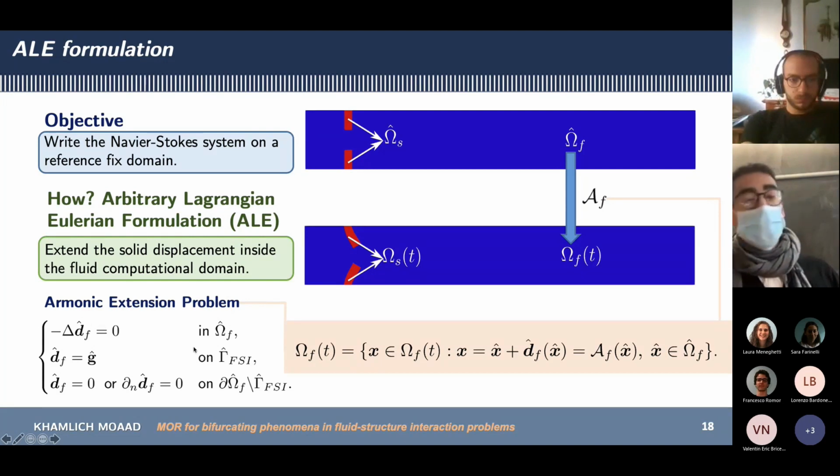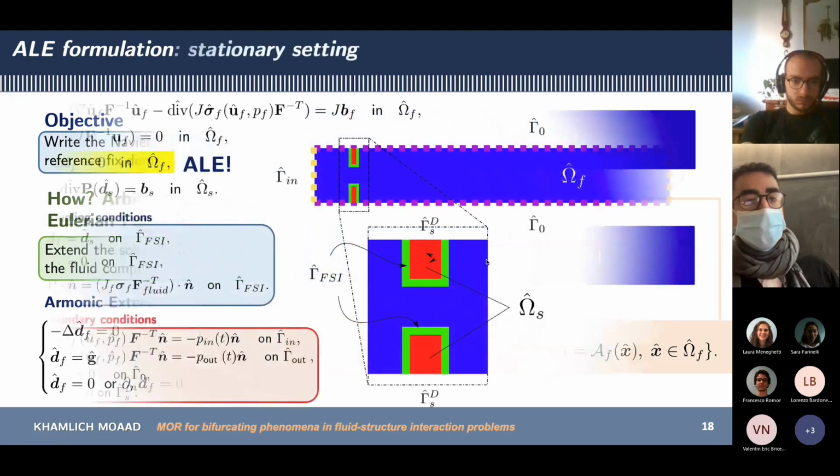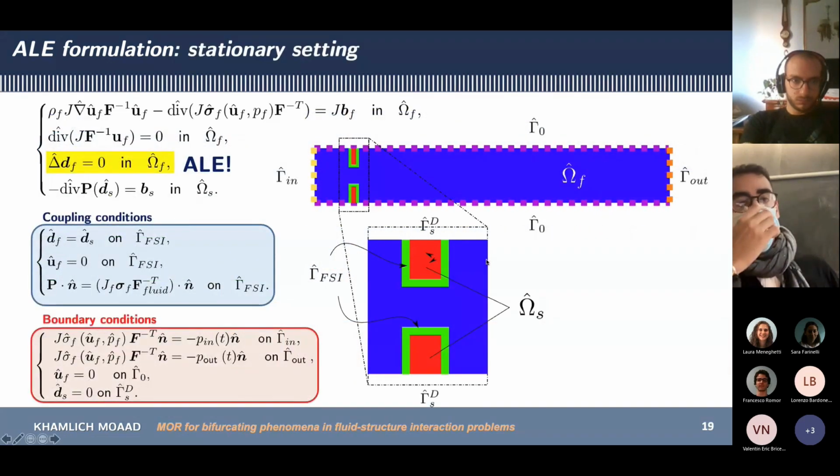So basically we are setting up a Poisson problem, and therefore there's a spread, in a heat equation fashion, of the solid displacement inside the fluid domain. And once the problem is solved, the last thing to do is to pull back the Navier-Stokes system on this fixed reference mesh.